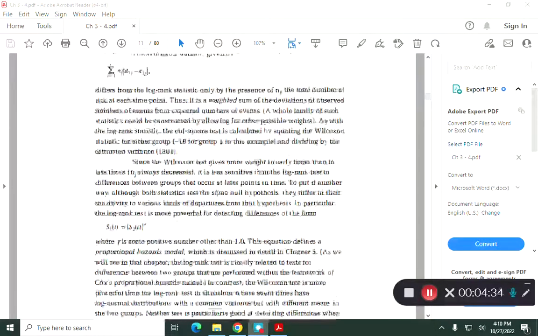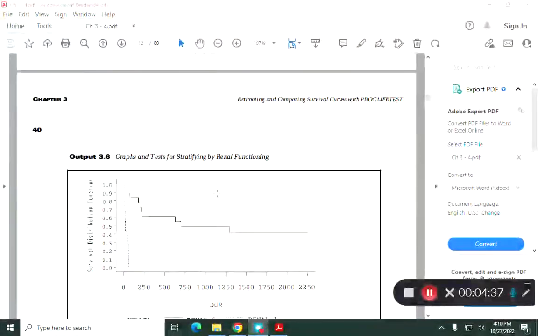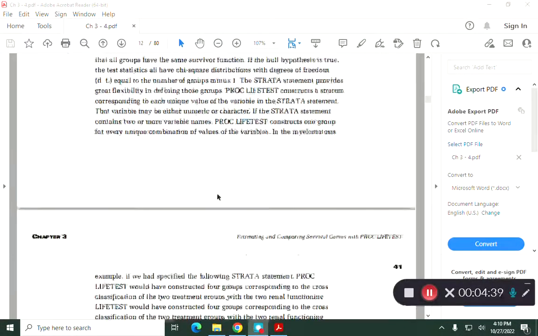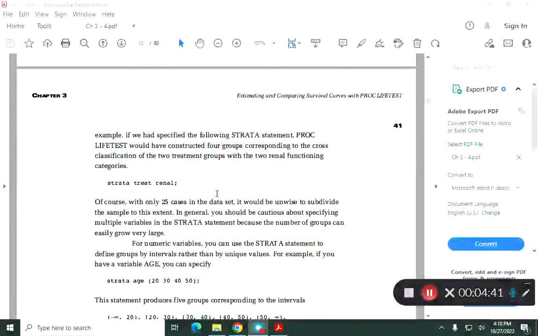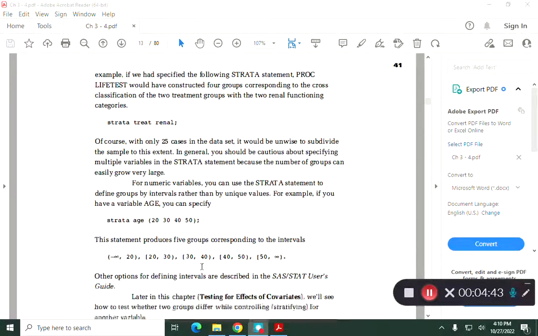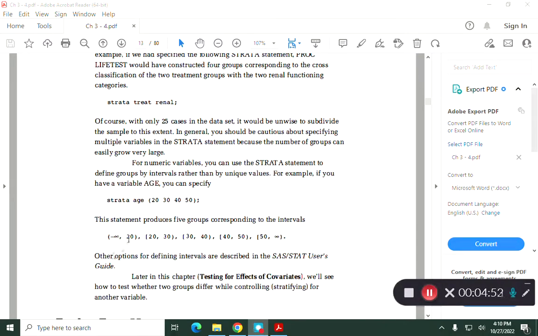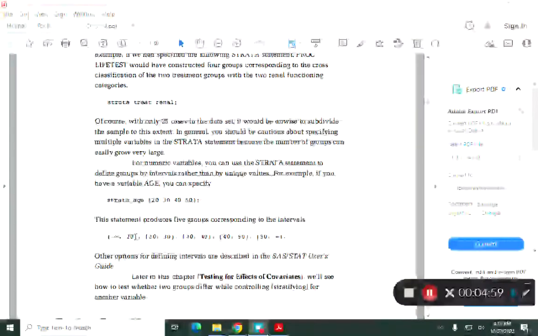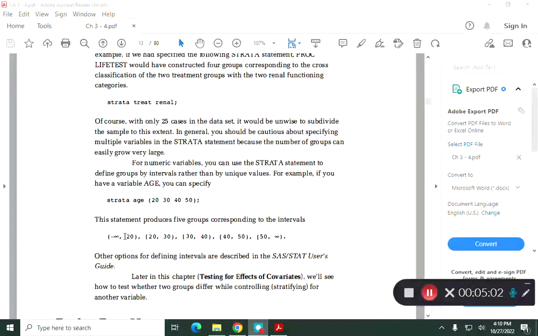So when you play with this, obviously you need to compare 2 life regressions. In order to compare them, you use the strata statement to say which variable you need to stratify by. And strata can also be used for a range of variables. Say the prisoner, the inmates data, you can have them at different age groups, and since there are no juvenile delinquents, we're probably talking about 18 to 20, 20 to 30, 30 to 40, and 50 and above.